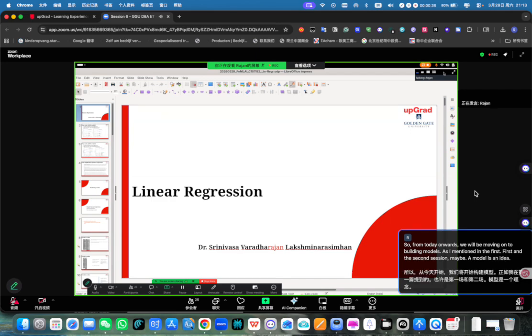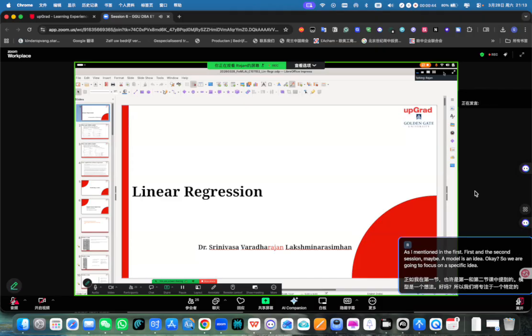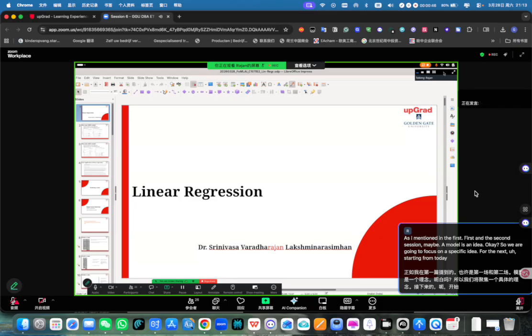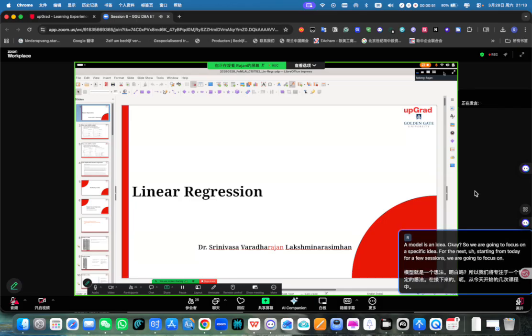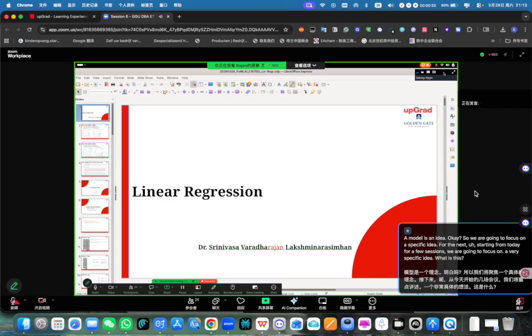Okay, so starting from today, for a few sessions, we are going to focus on a very specific idea. What is this? To begin with, we are entering the domain of what is called supervised learning.